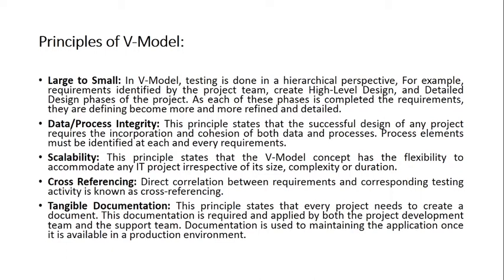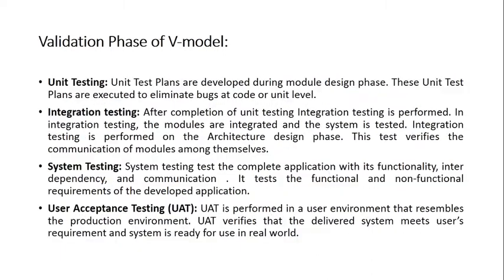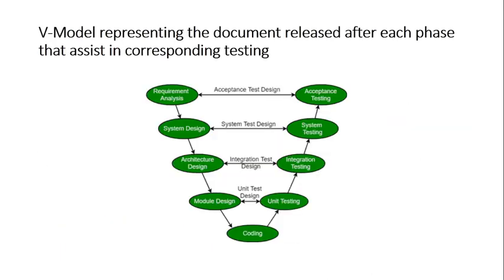That means we are going to get more and more details regarding those modules, the minor level details also, not only the superficial view, right? Then data and process integrity. Again you can see this figure, the data and process integrity, right?